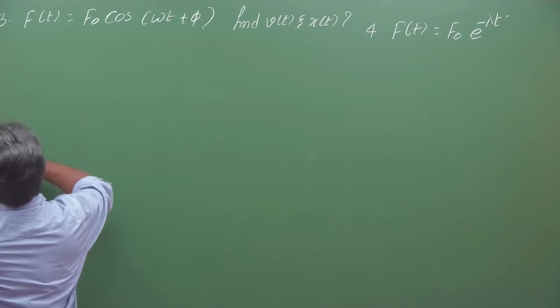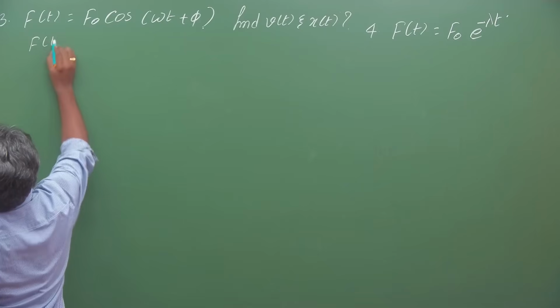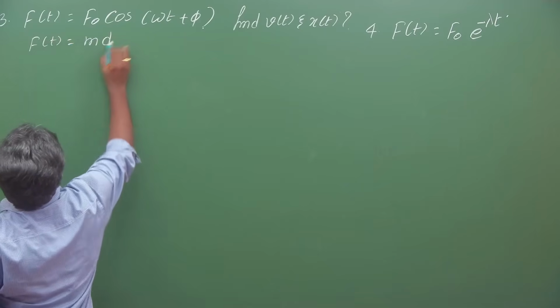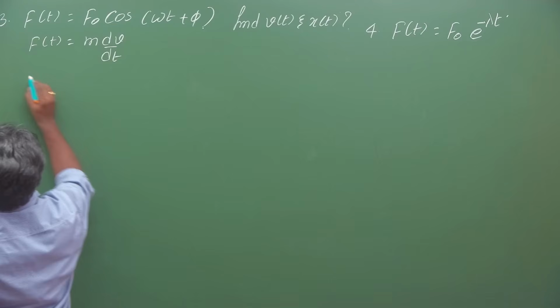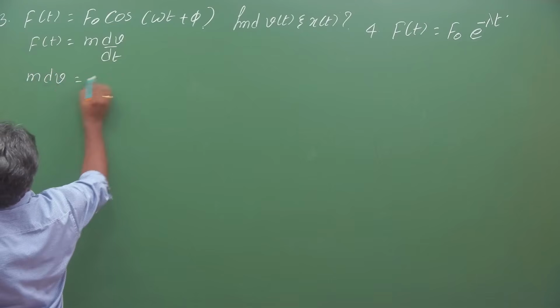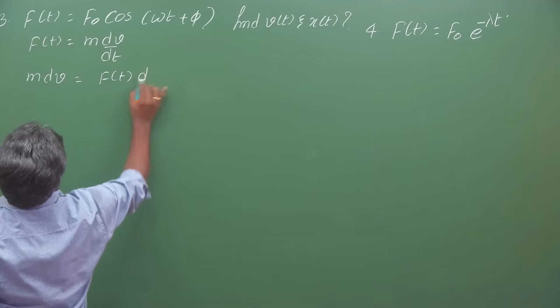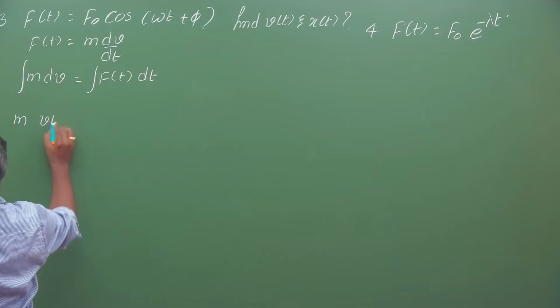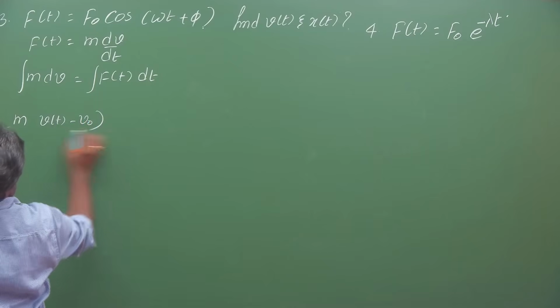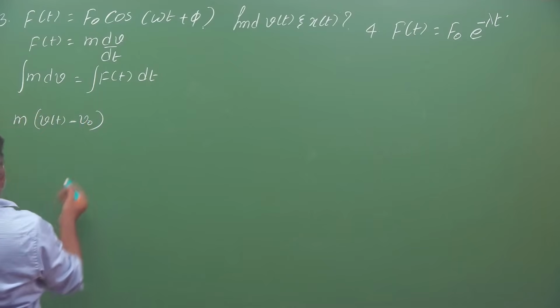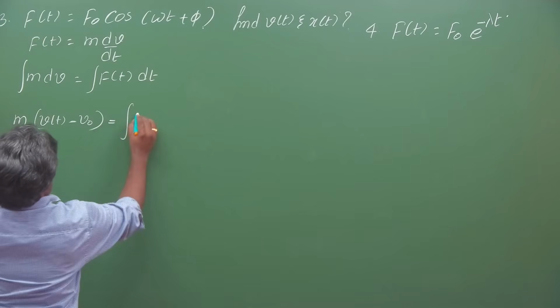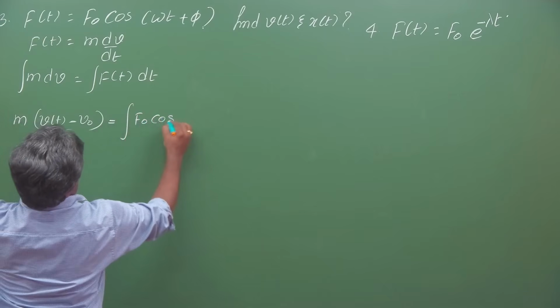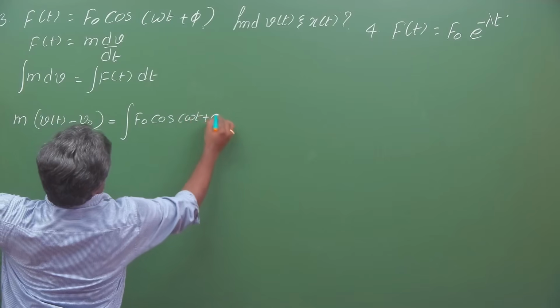I hope this also completed. F of t equal to m dv by dt. So m dv equal to f of t dt, integral. M outside, this is v of t minus v naught, always integral dv is v. Now integral f of t, that is f naught cos omega t plus phi dt.